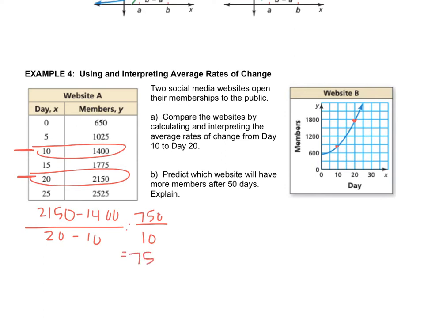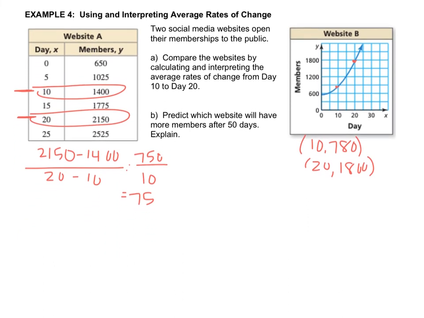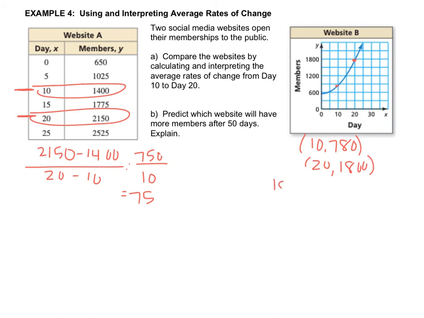And then this one, let me estimate. So it's probably like 780, that's my guess, and 20 would be 1800. So let's find the slope there. It's going to be 1800 minus 780 over 20 minus 10.